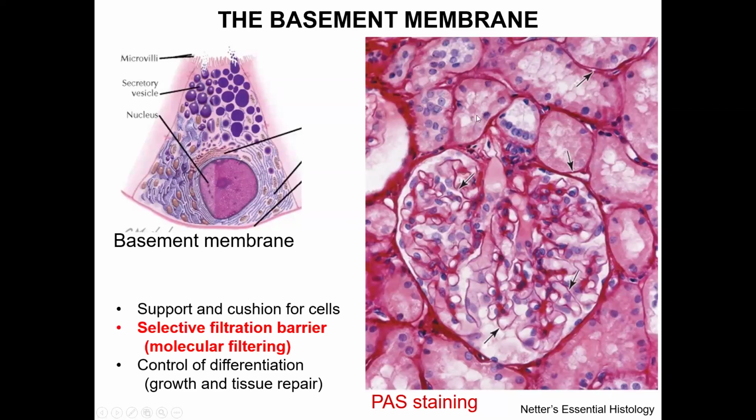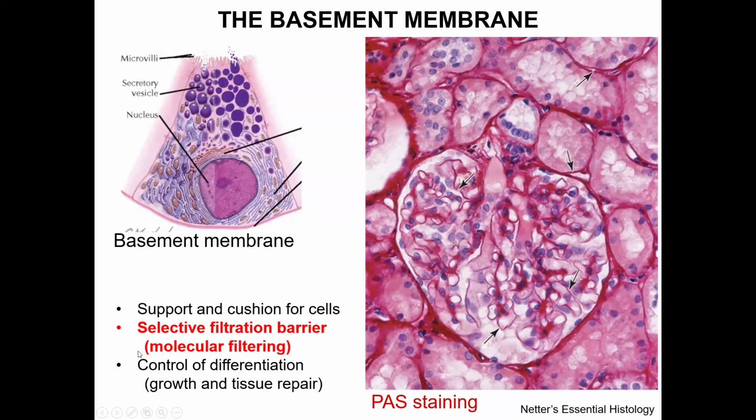This is why in this image it's stained very nicely with the PAS stain. And these are the convoluted tubules. These are the cells that form them, mostly proximal convoluted tubules. But the PAS stain primarily stains the basement membrane on which these cuboidal cells rest.